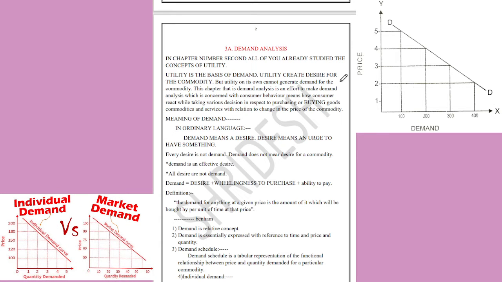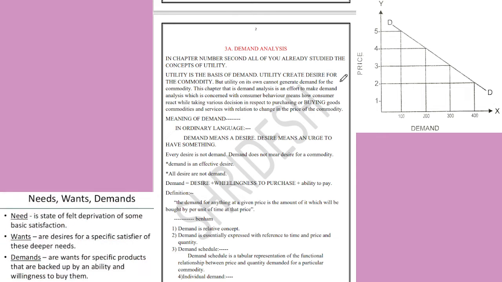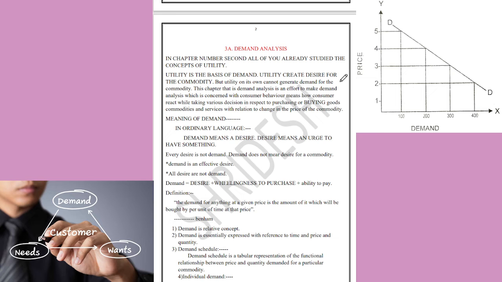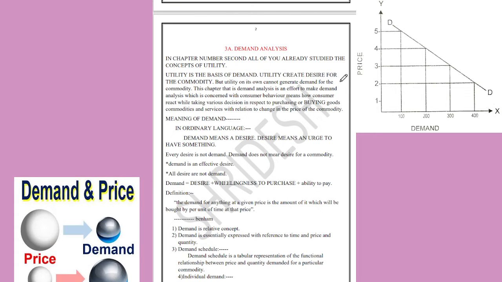If these three things are involved, that is desire plus willingness to purchase plus purchasing power, that is the ability to pay for any specific commodity, then there is a demand for the commodity. That's why utility on its own cannot generate demand, because utility is the base, but it cannot on its own generate a demand for a commodity.